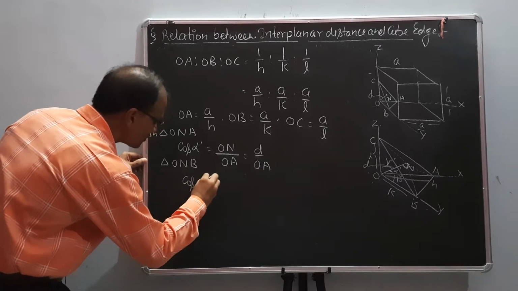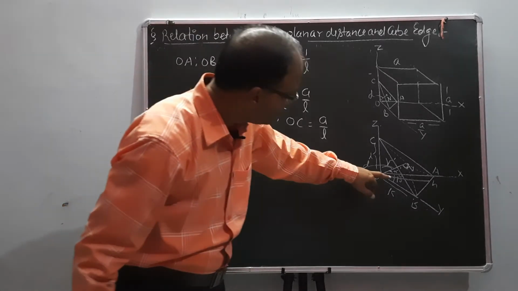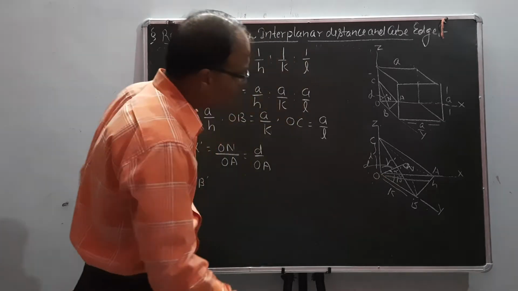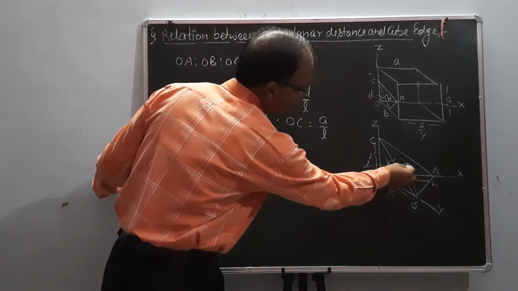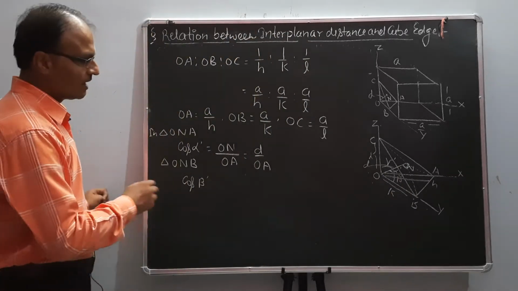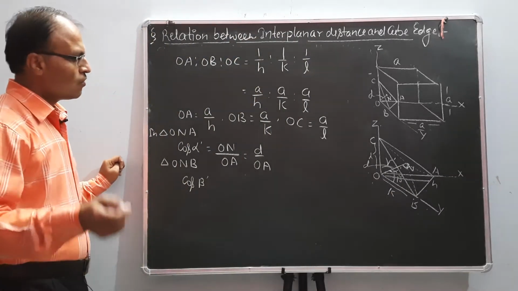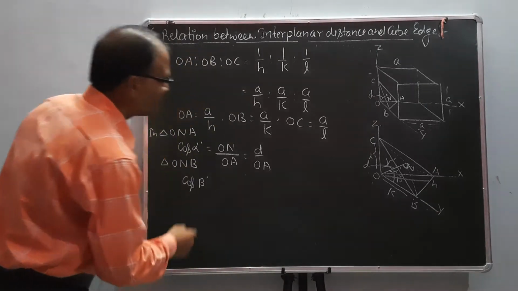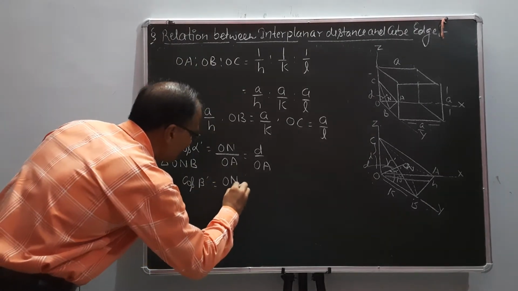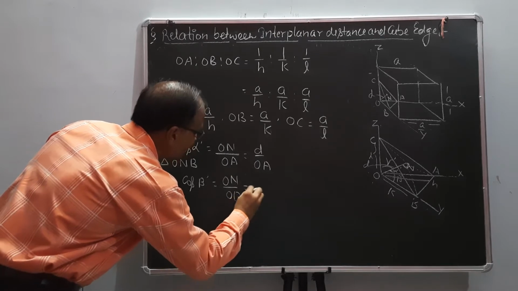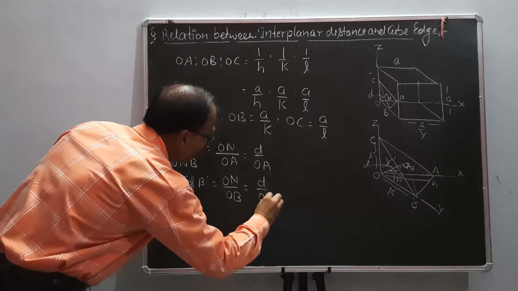Cos beta dash, where beta dash is the angle, and this angle is 90 degrees. Cos beta dash equals ON upon OB, that is d upon OB.